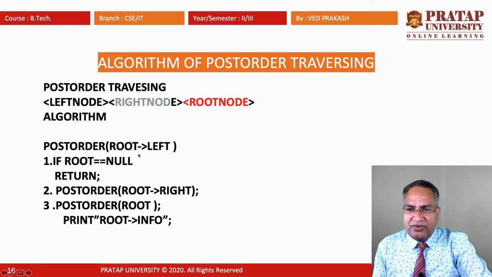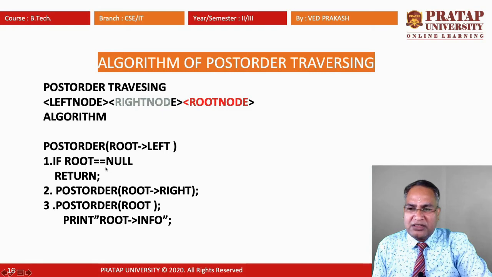So for the algorithm, we basically first post-order process the root's left, which means we process the left subtree and the leftmost node, and we check the root value.